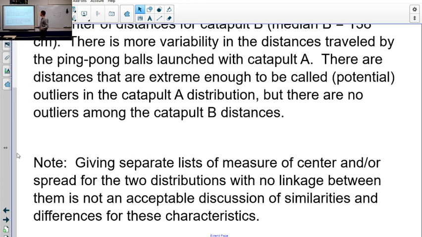We said that A had more variability than B did. These are all comparison words: more, less, about the same, more spread out. And you want to make sure that you're actually comparing them and not just listing, here's all the information for A and here's all the information for B.